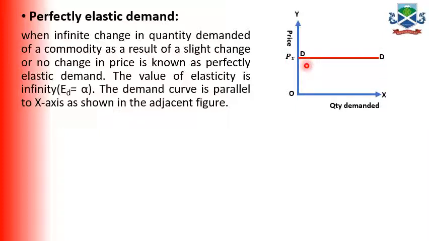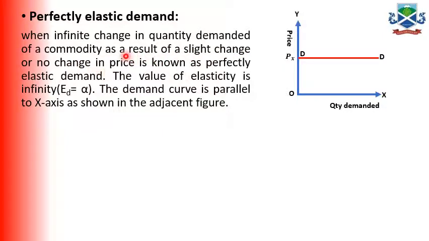If the price is 10, if you buy 1 unit, you have to pay 10 rupees. If you buy 10 units, you have to pay 10 rupees per unit. If you buy any number, say 1000 units, no matter, you have to pay 10 rupees per unit. So at the same price, or a very insignificant change in price, the demand is infinitely varied.